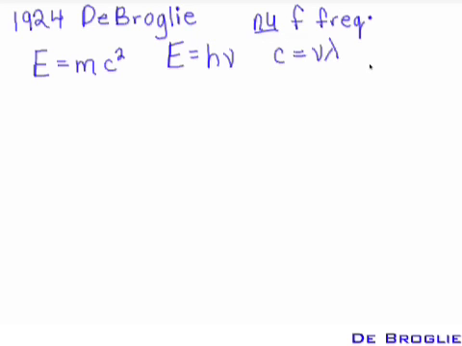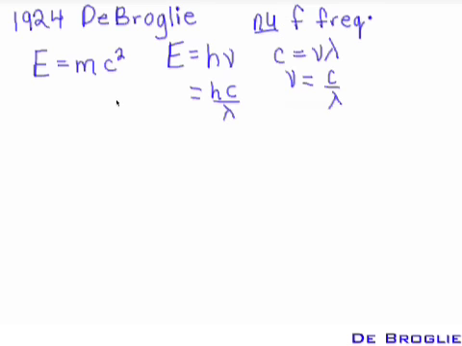Lambda is wavelength. And so I can rearrange this and say nu equals c over lambda. And if I substitute that into this equation, I get energy equals hc over lambda. Now this is an equation that was derived and known for wave functions.